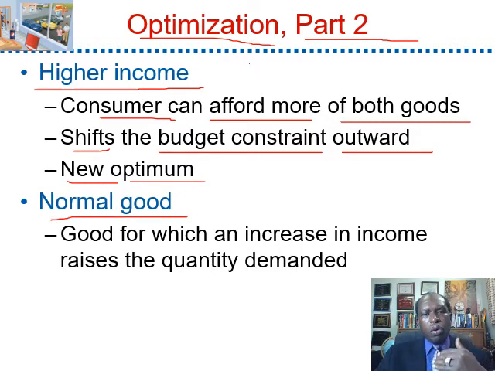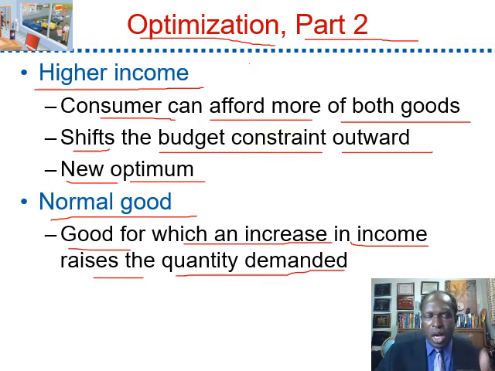Normal goods are goods for which an increase in income raises the quantity demanded. For instance, a new car is a normal good, while a used car would be an inferior good. Flying would be a normal good, while traveling by bus would be an inferior good.